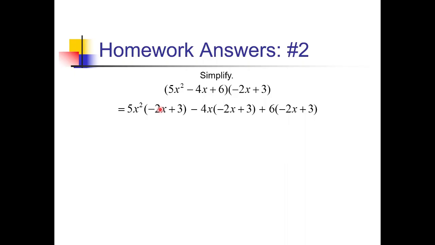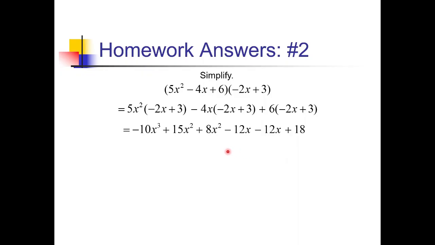So 5x squared times negative 2x is negative 10x cubed. 5x squared times 3 is 15x squared. Negative 4x times negative 2x is 8x squared. Negative 4x times 3 gives us negative 12x. 6 times negative 2x is negative 12x. And 6 times 3 is 18.